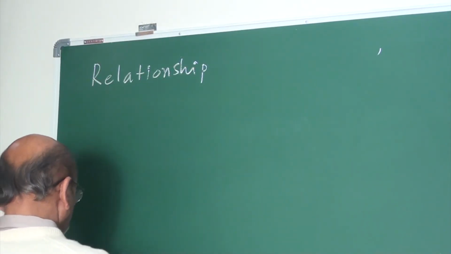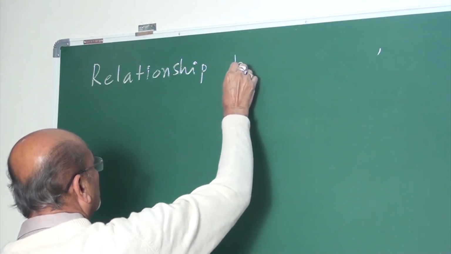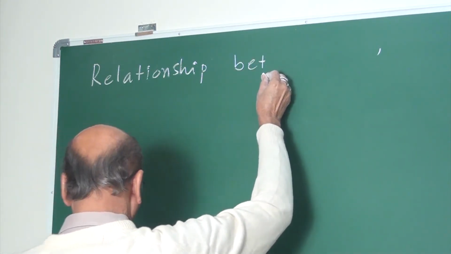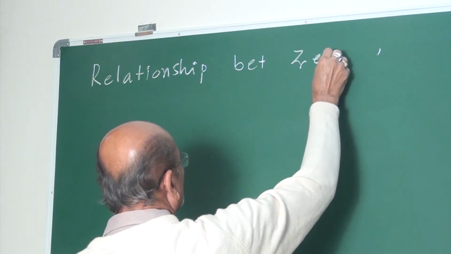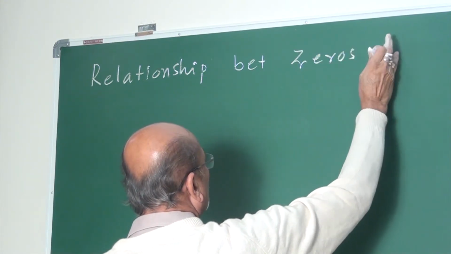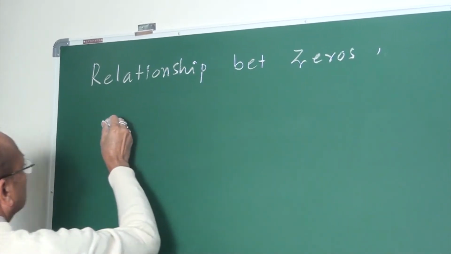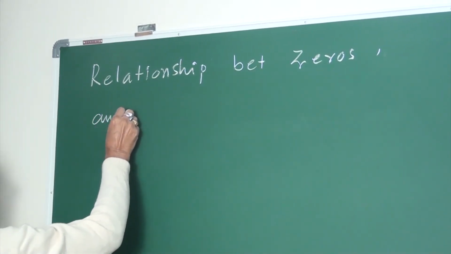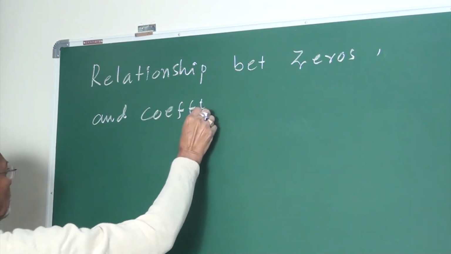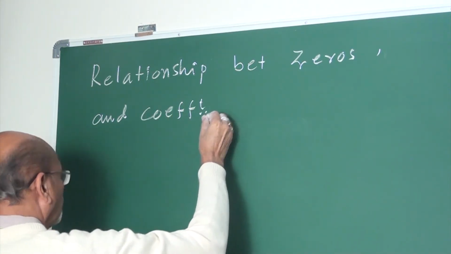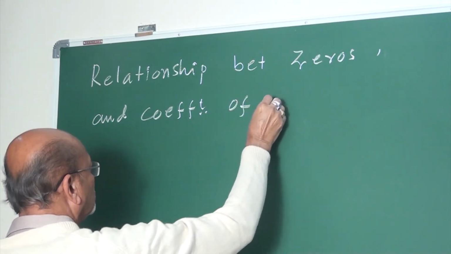Relation between the zeros and coefficients of a polynomial.